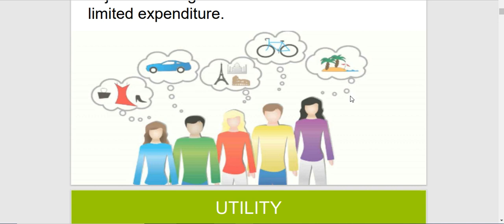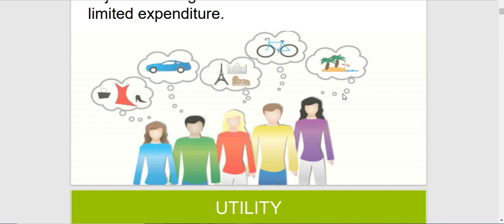He will have to decide which item, which product, which commodity he wishes to purchase first and which he wishes to purchase later. And for that, he has to behave as a rational person. Depending upon his requirements, depending upon his wants, he will decide whether he would like to purchase something to eat, or whether he needs to purchase a book, or whether he needs to go for an outing.